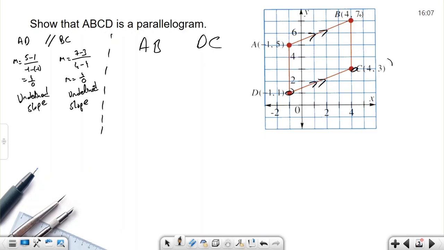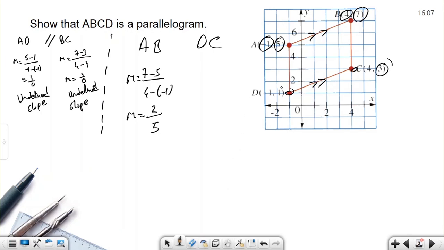Let's check. For AB, y2 minus y1, so 7 minus 5 over x2 minus x1, 4 minus, be careful here, minus 1. 7 minus 5 is 2, 4 minus minus 1 is 4 plus 1, which is 5. So 2 over 5. Let's calculate DC.